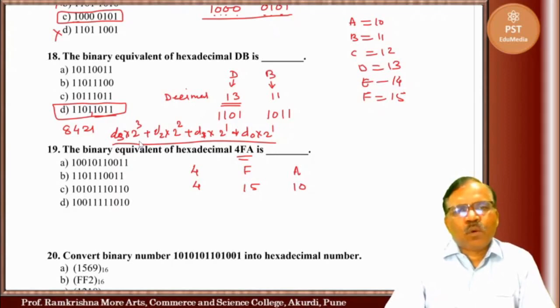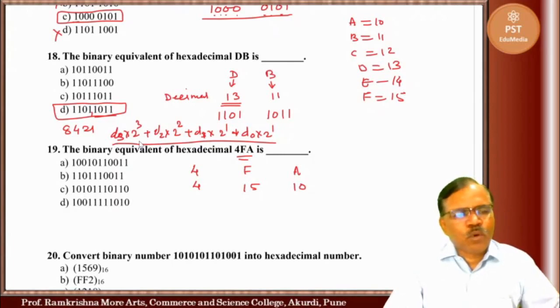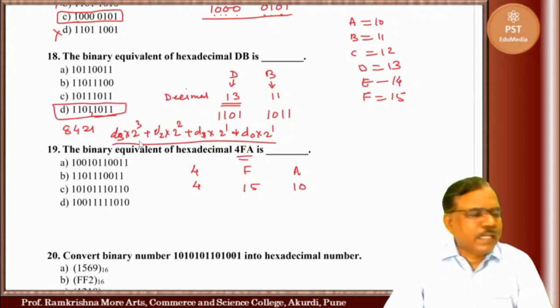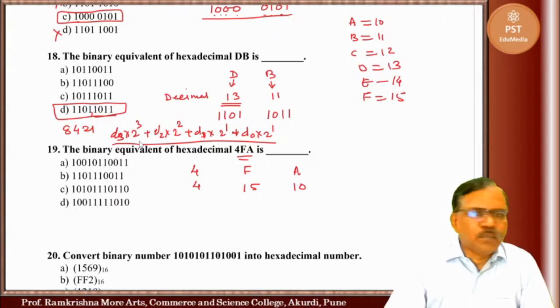Now for 4, what is the binary number for 4? Binary number for 4 is 0100. For 15, it is 1111. For 10, it is 1010.